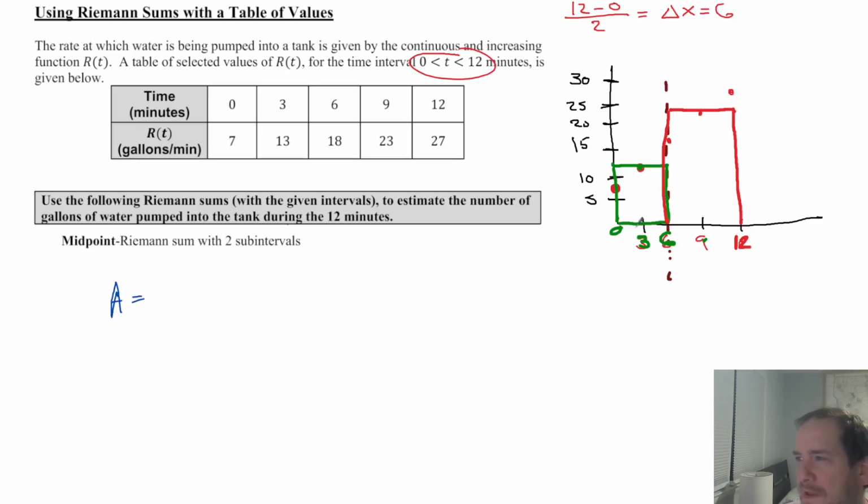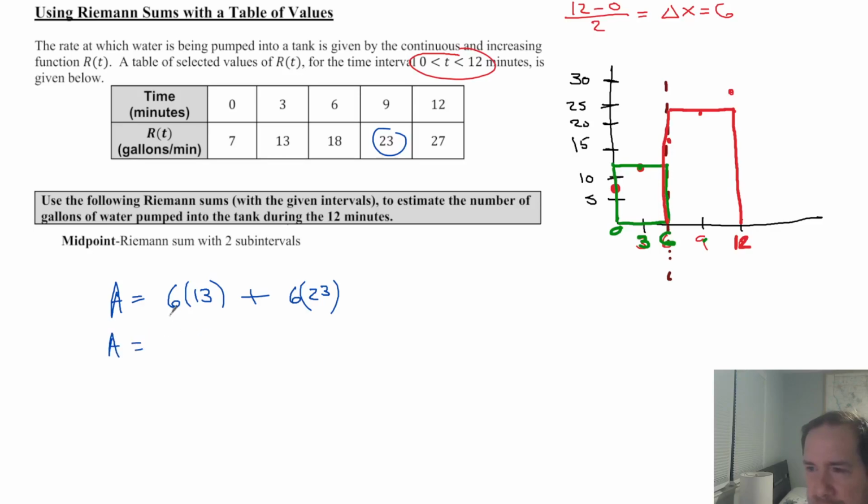My area would be my base of length 6 times the function value at 3, which was 13. So my area would be 6 times 13. And then the second guy, this red guy, has a base of 6 and a height that is equal to whatever the value of the function is at 9. So this middle one matters. So that's 23. So again, what's my base? My base had a width of 6, and this time my height is 23.